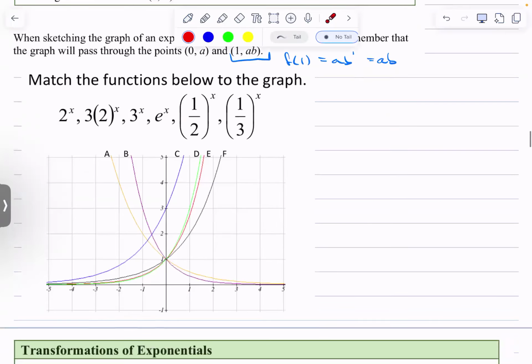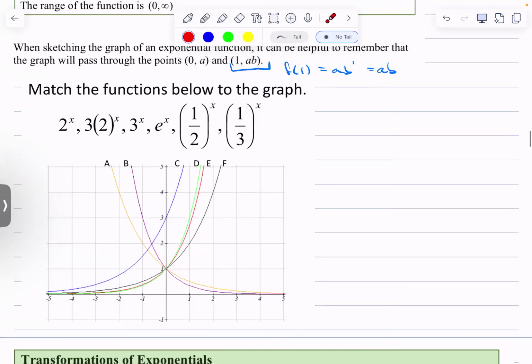So if we have to match the functions to each of these graphs, let's start with (0, a). All of these except for one cross the y-axis at a equals 1. So here for these functions, I have a equals 1.